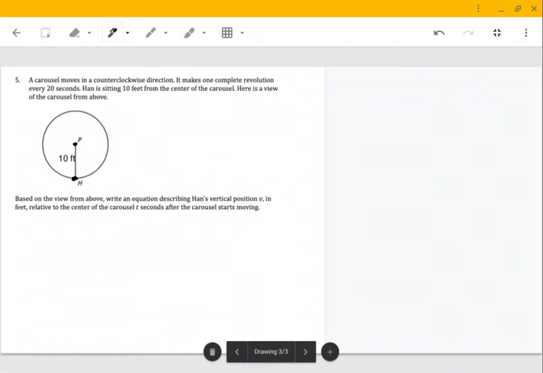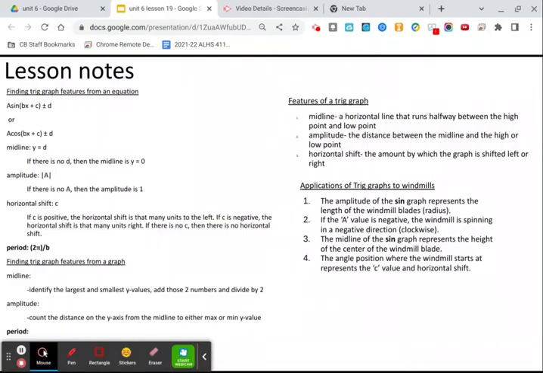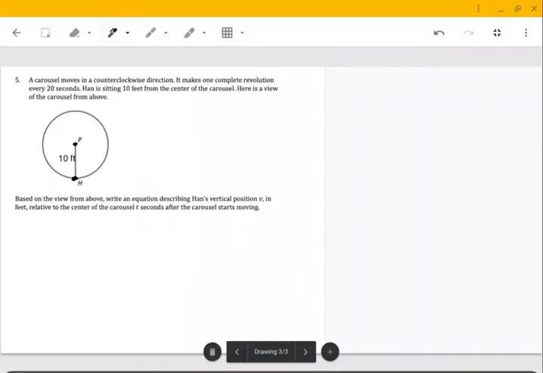Based on the view from above, write an equation describing Han's vertical position in feet relative to the center of the carousel t seconds after the carousel starts moving. So we've done some problems similar to this before. We know that whether it's a windmill, a carousel, or a Ferris wheel, this is going to be a sine graph.